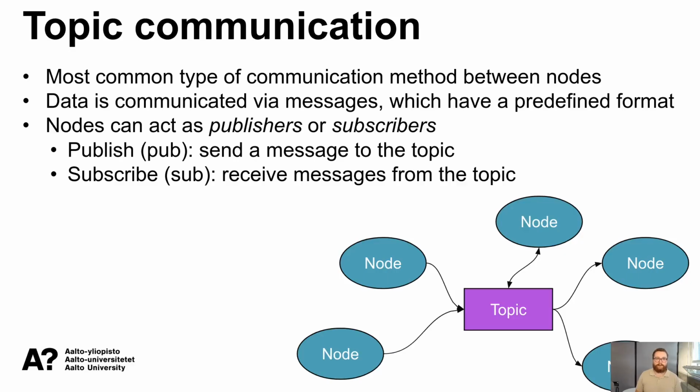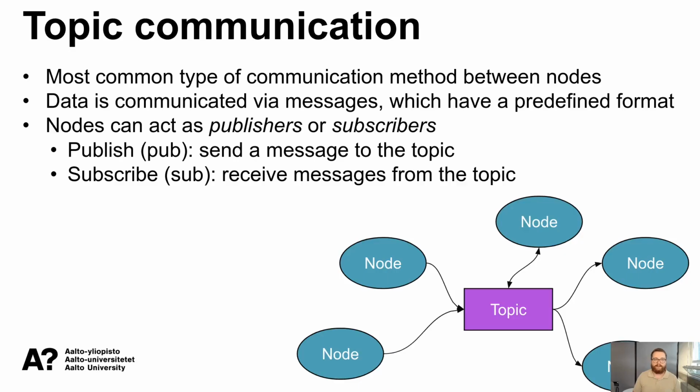But okay, a little bit more on the topic communication. In the previous slides, you saw the figure with the illustration of the building, but let's go a little bit more into the specifics. As said, this topic communication is the most common format through which nodes communicate with one another. The data is communicated as messages, which are standard data formats specific to a topic.